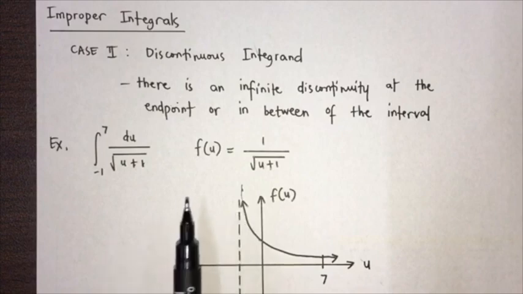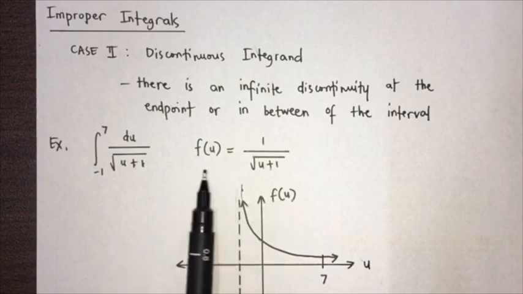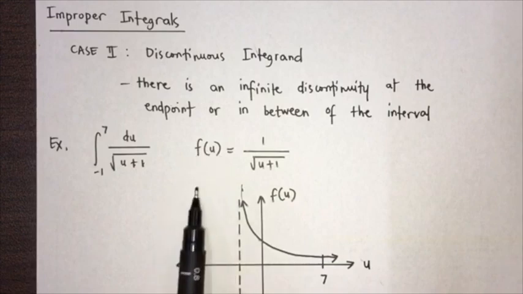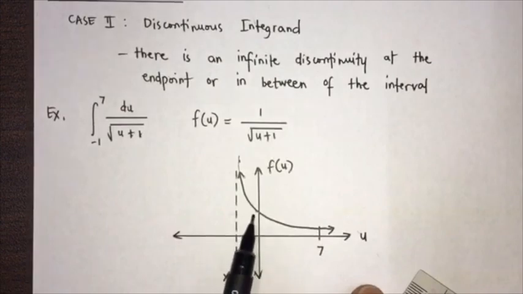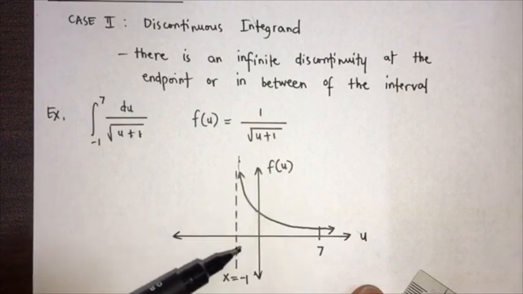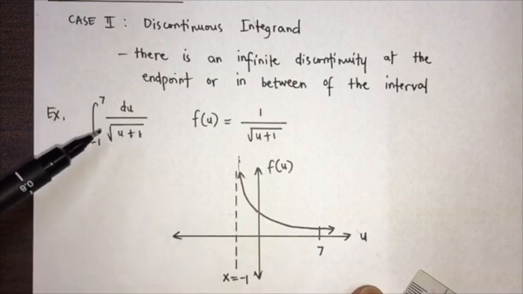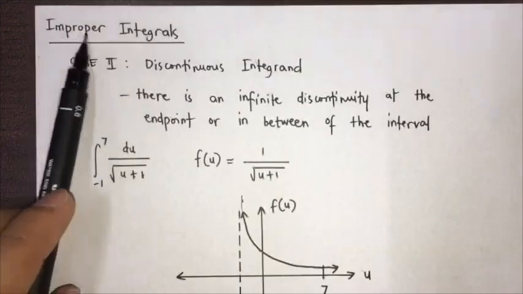Since the function is not defined on the other side, we must specify that in evaluating the limits, we consider the side from which the limit is approaching. Basically, that's the thing that makes it improper.